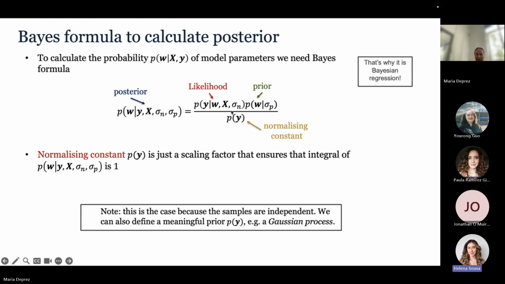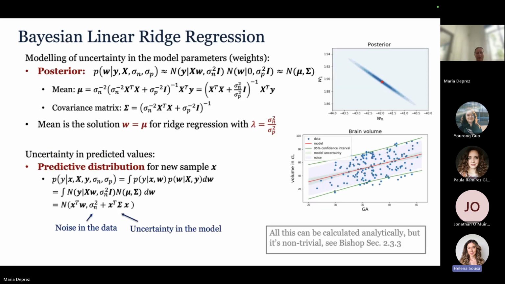At the moment we have independent samples, so this normalizing constant we can ignore. It just makes sure that this posterior is normalized so that the integral adds up to 1. But for a Gaussian process, the probability of y is not necessarily constant.